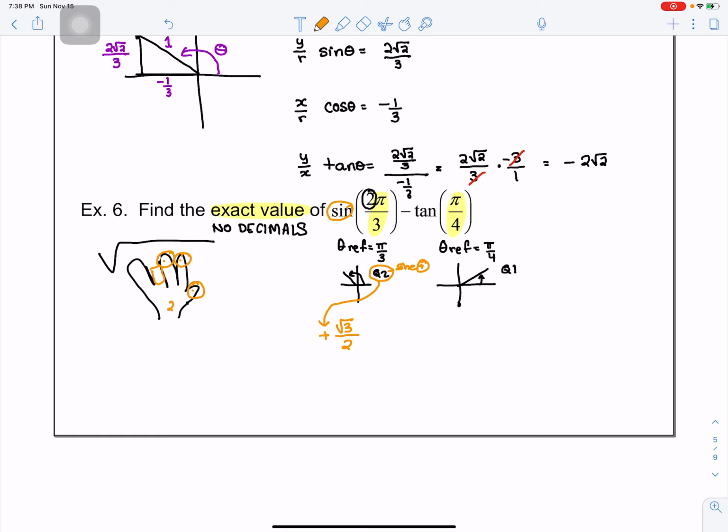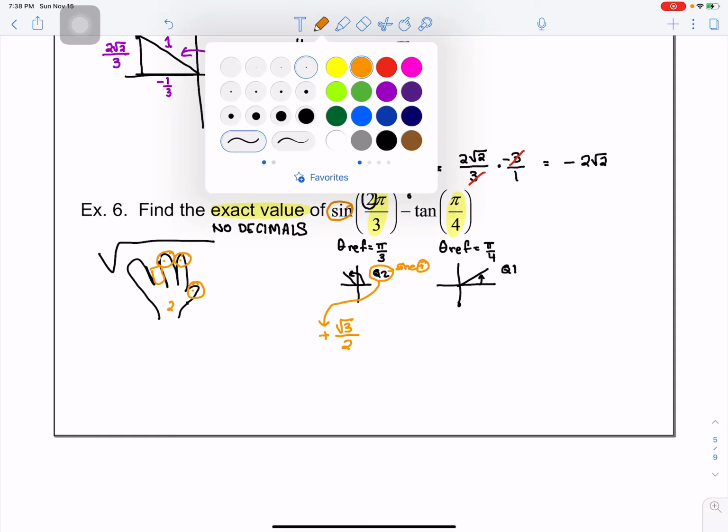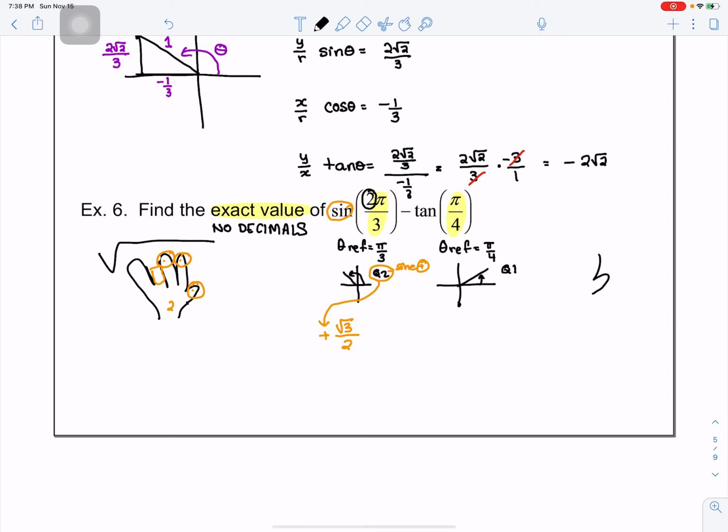In quadrant 1, I'm doing tan of pi over 4. So my right hand in front of me, there's an imaginary 2. I'm going to put down my pi over 4 finger. 0, 30, 45 finger goes down. My fingers get divided into 2 sections. I'm looking for the tan of pi over 4, so I'm going to read my sine fingers.